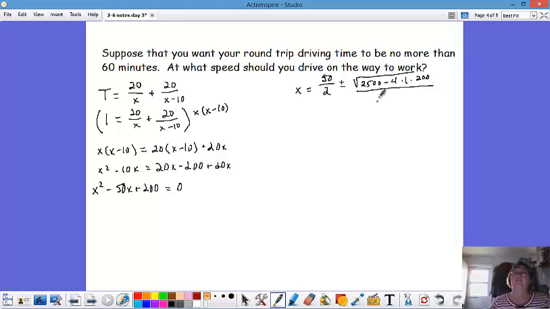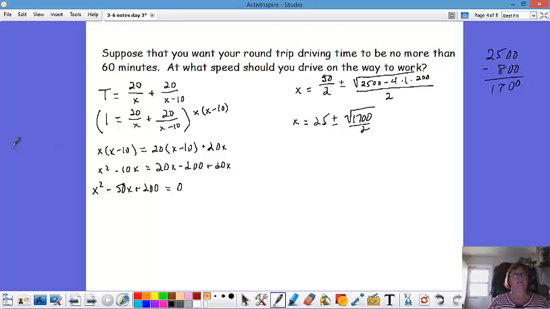All of that is also over the 2a, or 2. So 50 over 2, 25, plus or minus the square root of 2500 minus 800, 1700. Alright, that's something that we can work with.